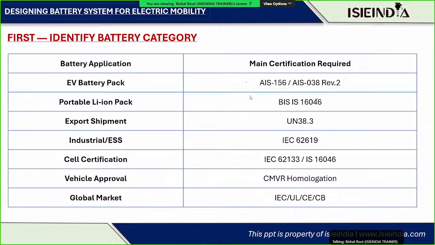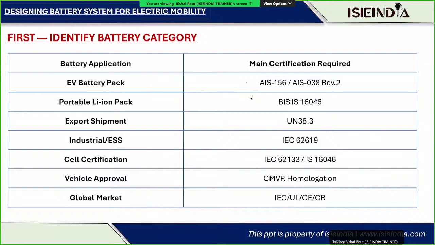If you are certifying the EV battery pack, you have AIS 156 and AIS 038 standards. If you want to certify a portable lithium-ion pack, you have Bureau of Indian Standards IS 16046. If you want to certify an export shipment, meaning you want to sell to other states or other countries, you have UL 38.3.